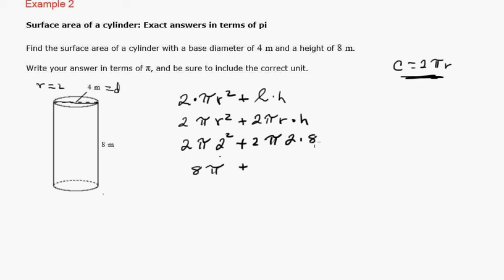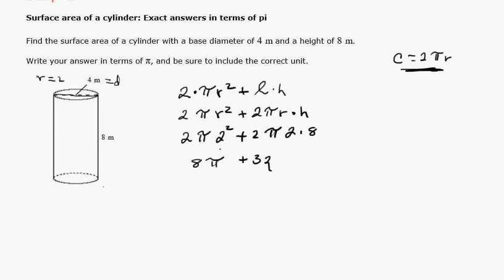Plus 2 times 2 is 4, times the height of 8 is 32 pi. So 8 plus 32 is 40, and I get 40 pi, and it looks like meters squared.